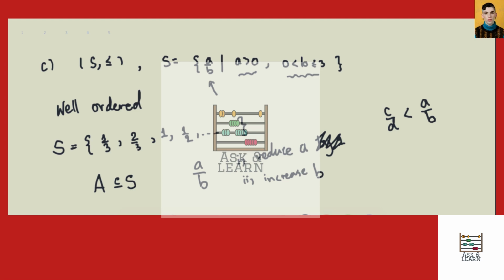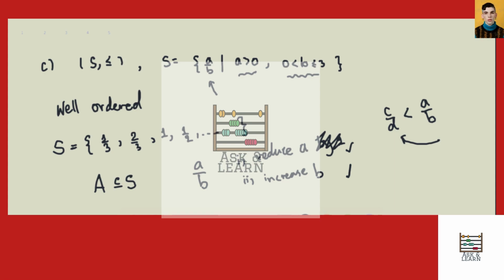As in the first case, we assume that A has no least element. So the only way to create C over D would be to do one of the two things or both, right? But this will have limits.